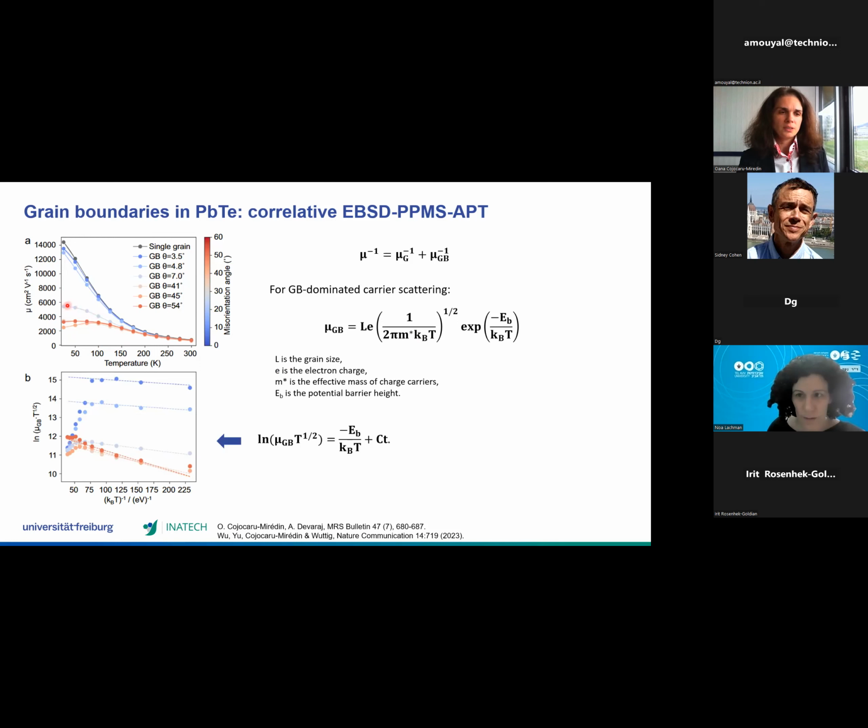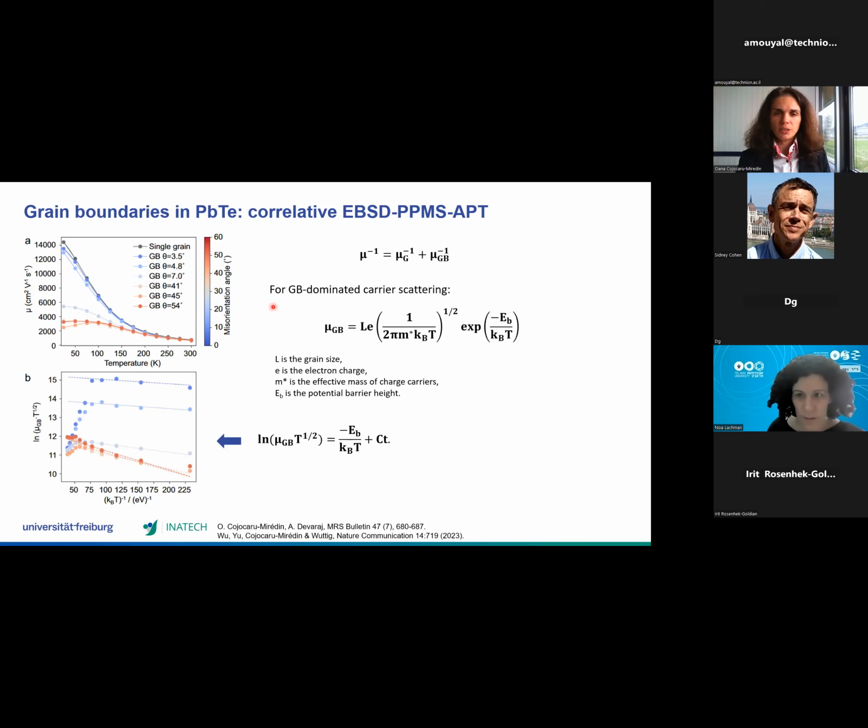We still observe scattering at a 7-degree misorientation angle, but we have no scattering of the electrons at the low misorientation angles. And this was really very interesting. So we already have a very nice fit between the misorientation angle and the transport at the grain boundary position.